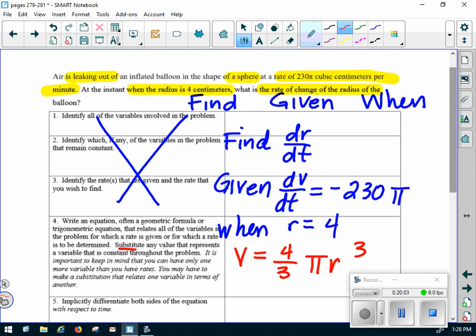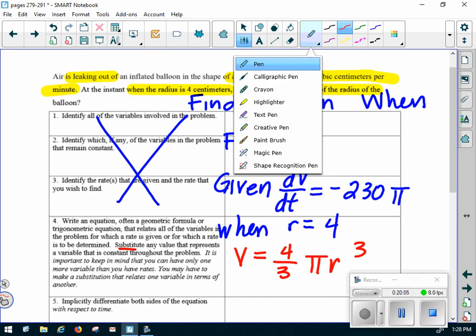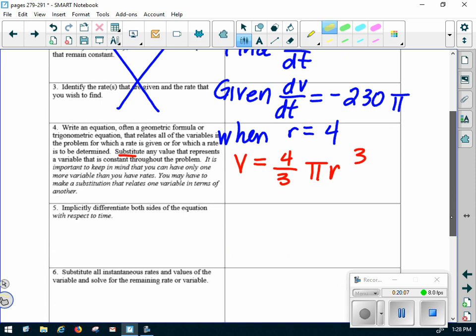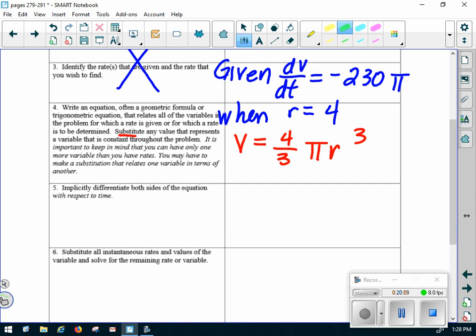The other thing I want you to highlight is what is here in italics. You can only have one more variable than you have rates.